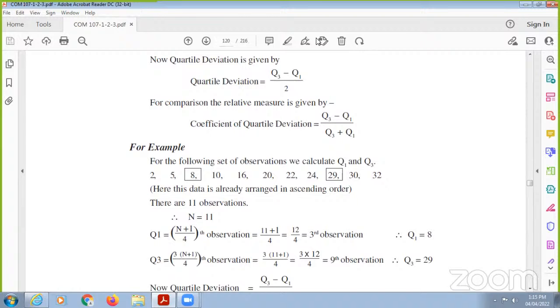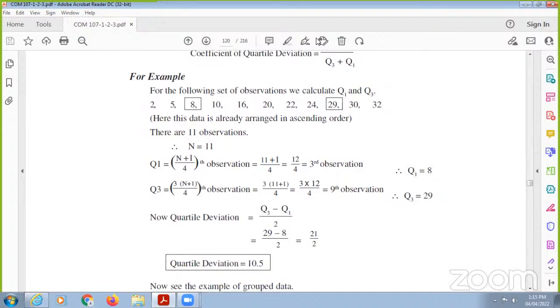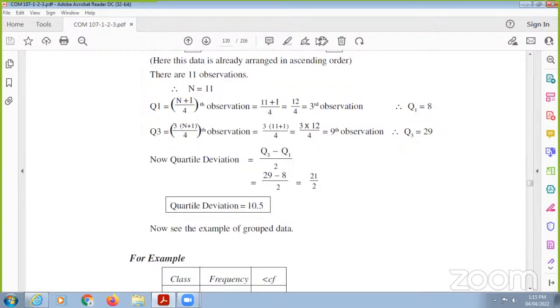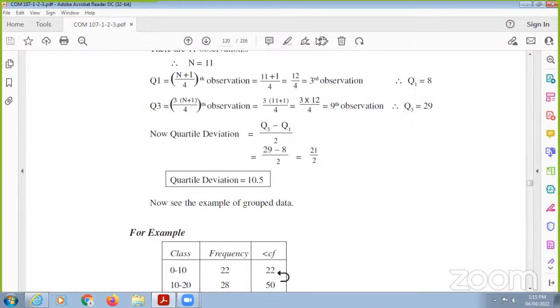Now we shall see an example of grouped data. Here, a grouped data example is given with classes, frequency and cumulative frequency. Class 0 to 10 has frequency 22, so the total is 22.